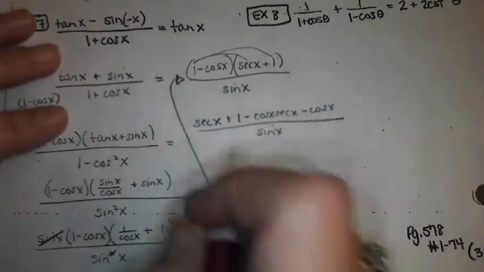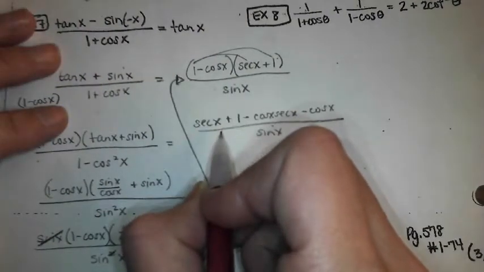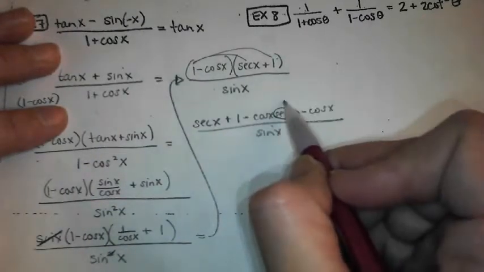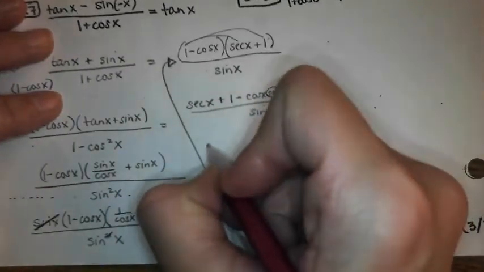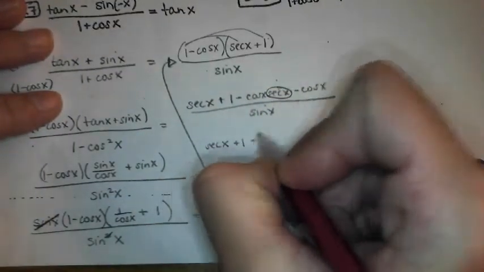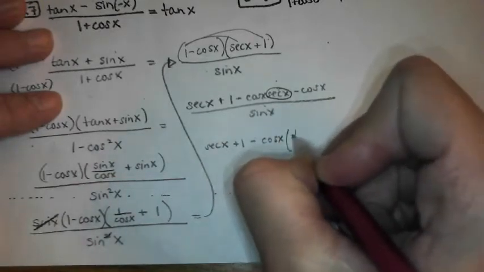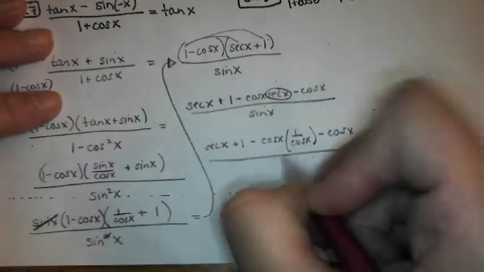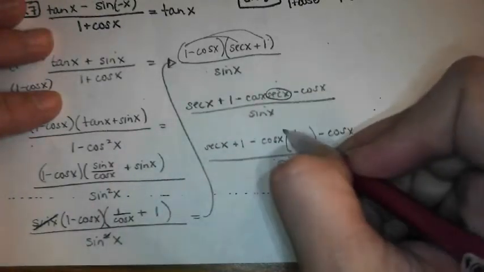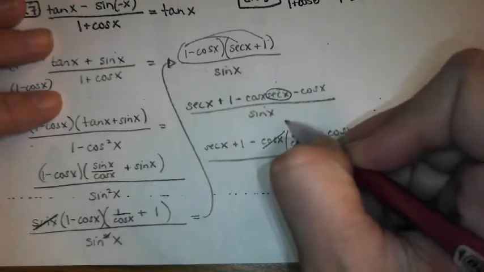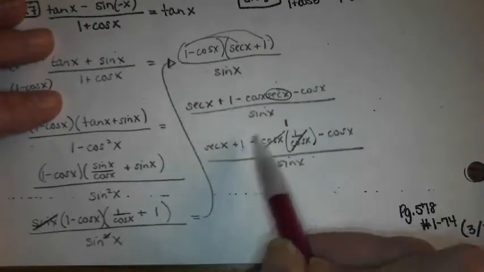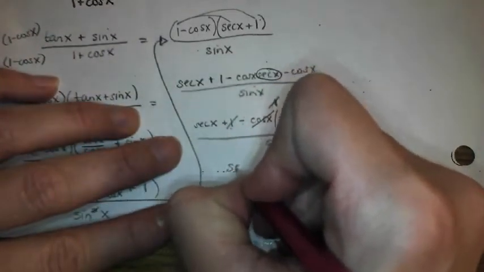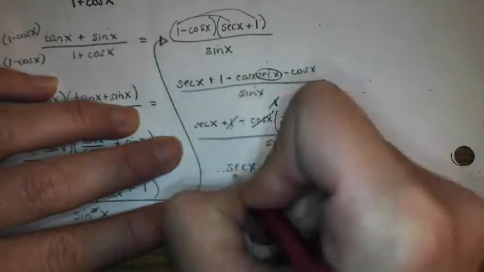I think I'm going to go back to, well, this secant is going to be 1 over cosine. Which will be nice because that'll just become minus 1. And then the plus 1 and the minus 1 will cancel. So that just did a whole lot. So now I'm down to secant x minus cosine x all over sine x.